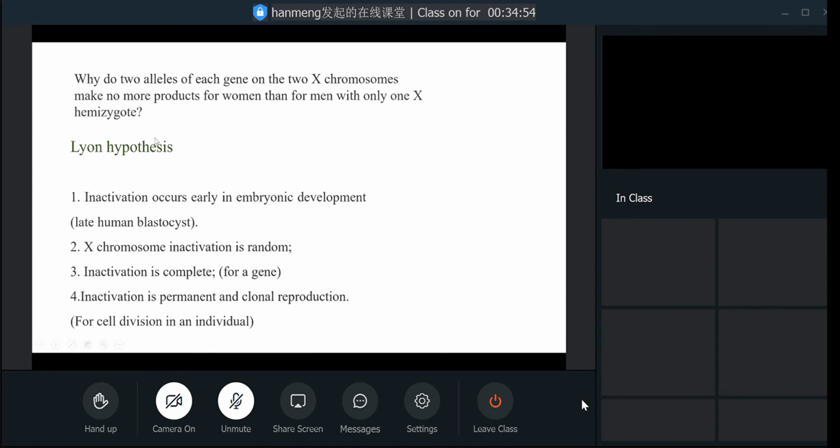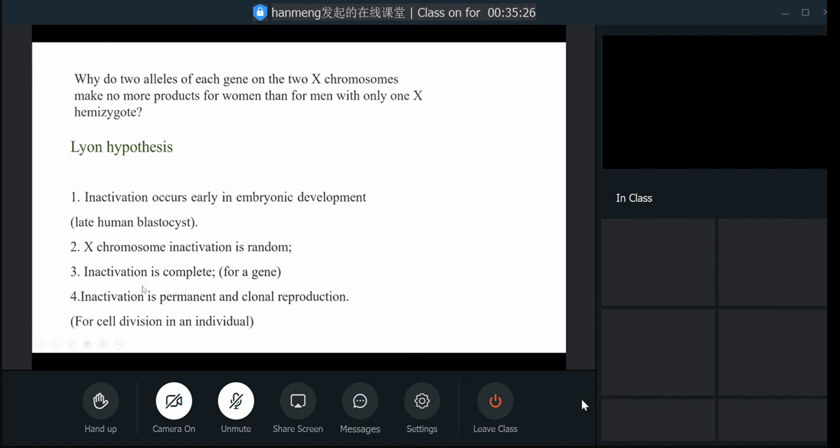So, because one of the X chromosomes of women is inactivated early in embryonic development, the gene products are no more than in men with only one X chromosome.